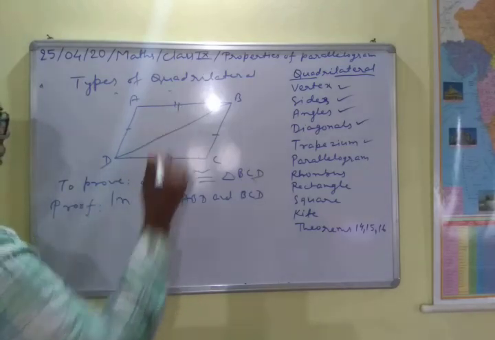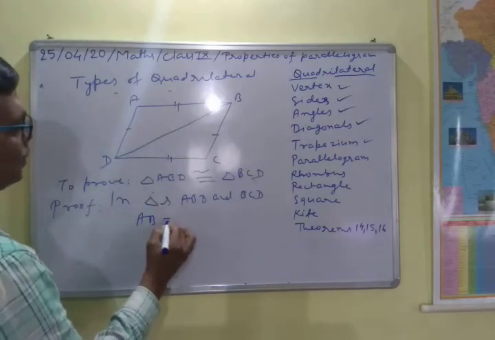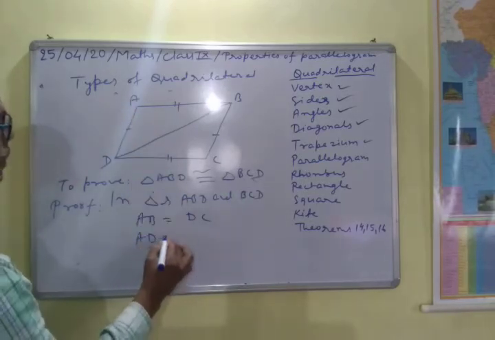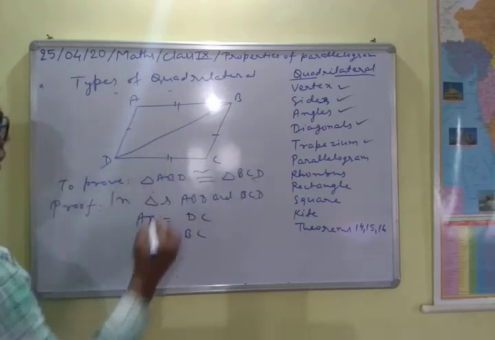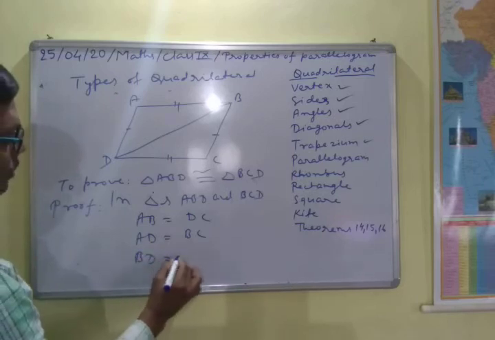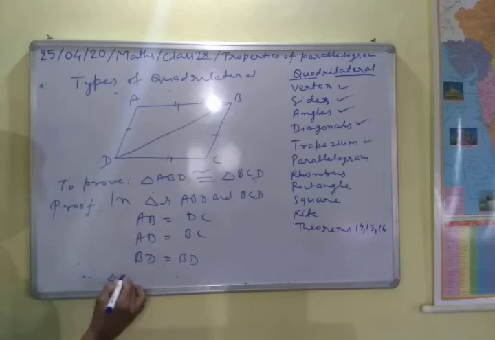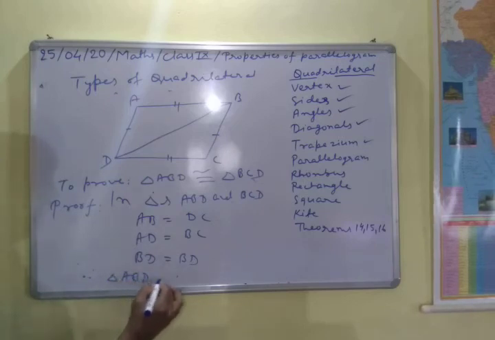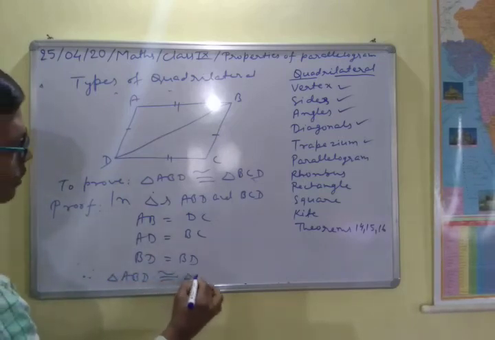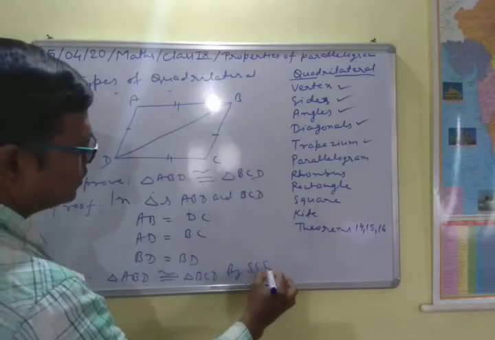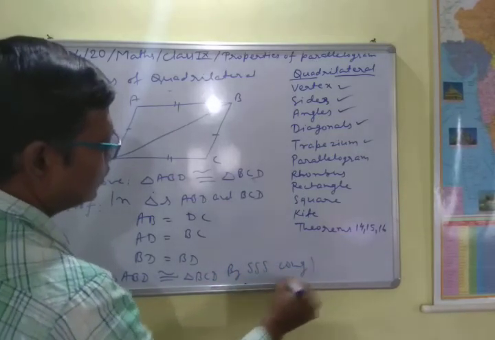So now here AB equal to DC, and here AD equal to BC, and BD is common. So by these three conditions, triangle ABD congruent to triangle BCD by SSS congruence condition.